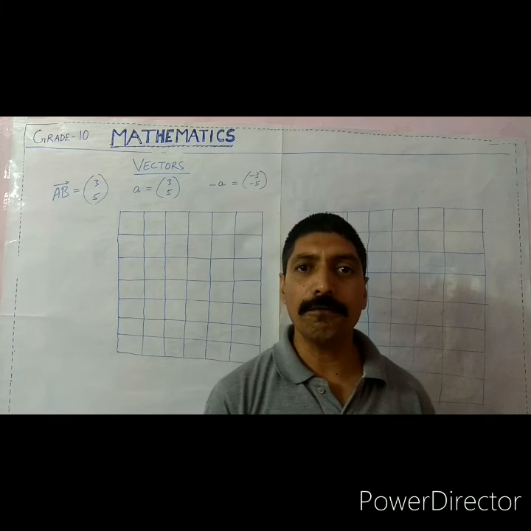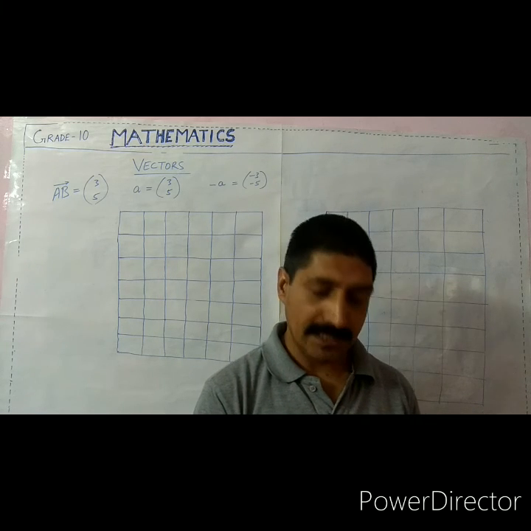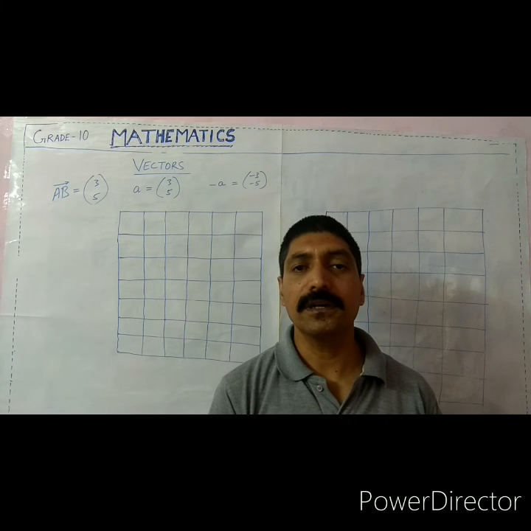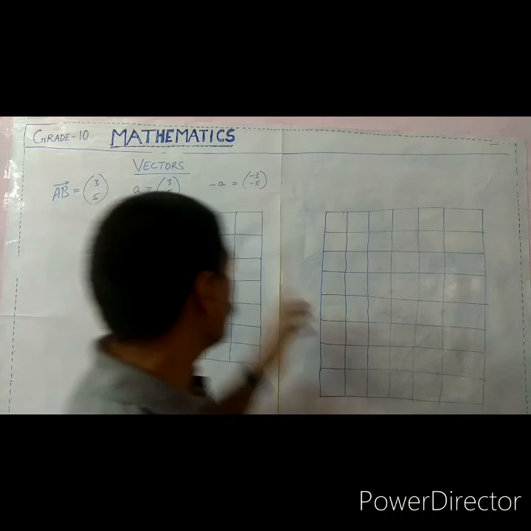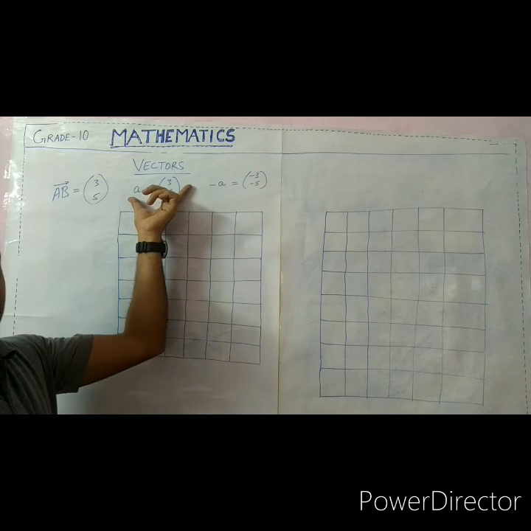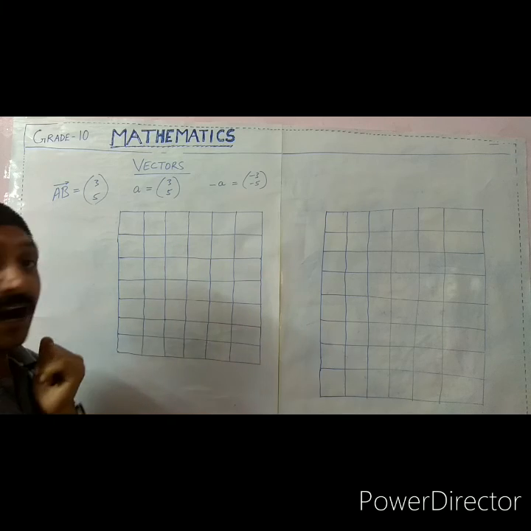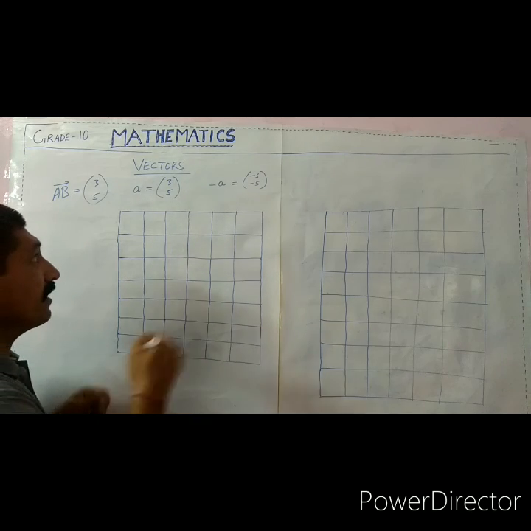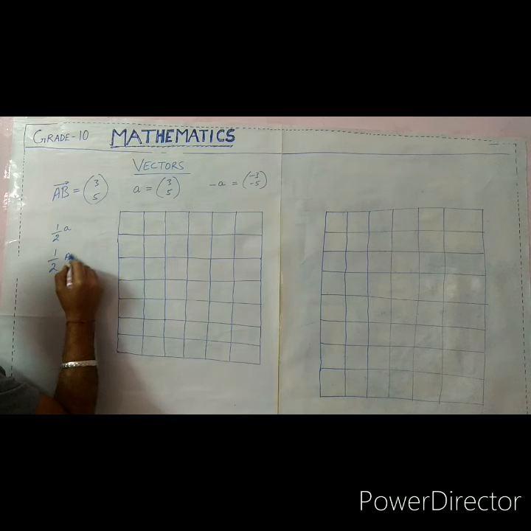Before magnitude of the vector, we have also discussed multiplication of a vector by a scalar. Suppose A is the vector (3, 5). If we take half of this vector, we write 1/2 of A, or half of AB.